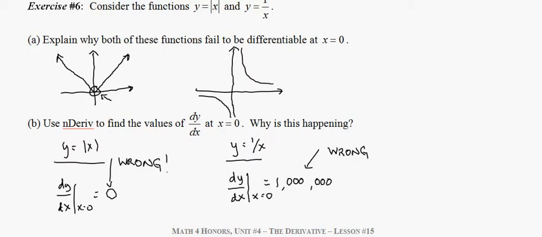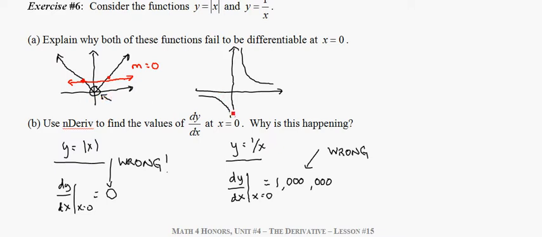If you actually looked at y equals the absolute value of x, magnified, the calculator is taking a value to the right of x equals 0 and to the left of x equals 0, and calculating the slope of that secant line, which is clearly 0, even though the slope of the tangent line here doesn't exist.